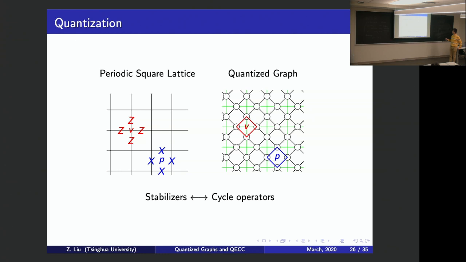So we have this smallest cycle on the quantized graph, and at each vertex, it's a pair of charges, Pauli Z. And if you look at the cycle at the plaquette, we still have this pair of charges, but if you look at the shading, it becomes a different shading. So this Pauli Z becomes Pauli X, and then we have another Pauli operator. So the stabilizers on the quantized graph are once again unified as cycle operators, and those are local cycles, meaning they are contractible.